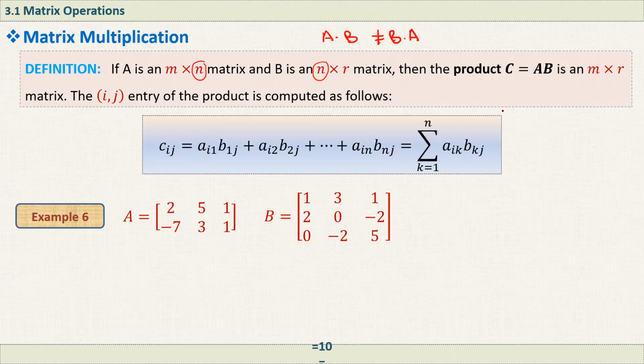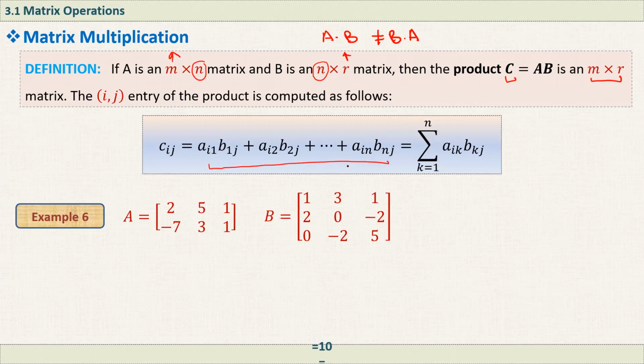And so the product C, which is equal to A times B, will be an M by R matrix. And the ij entry of the product is computed as follows. What are the elements of this product C? Cij is just equal to this sum.